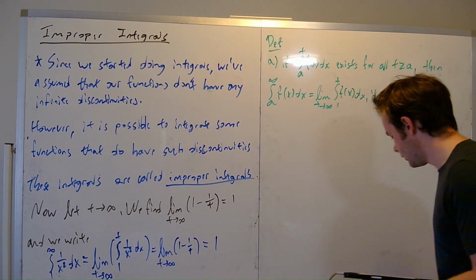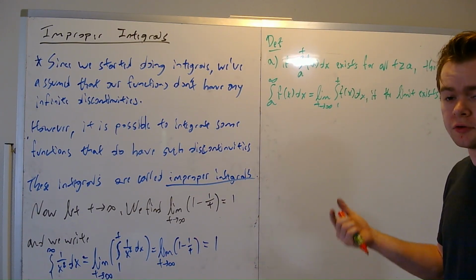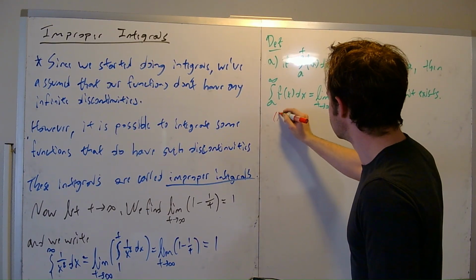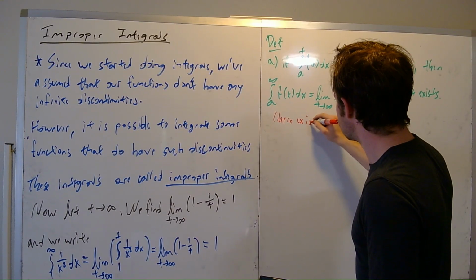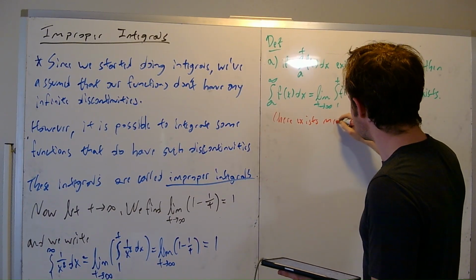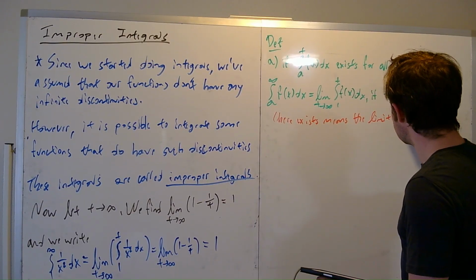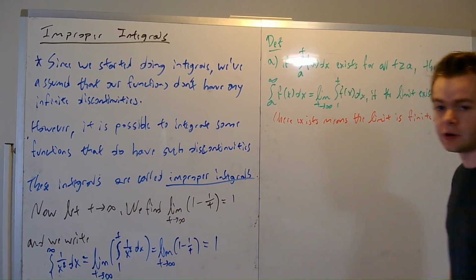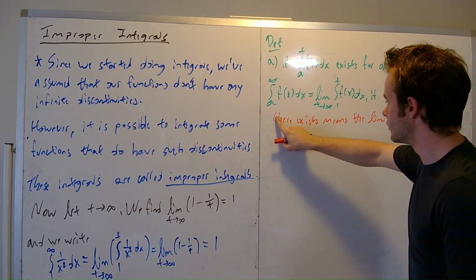And here I'll say, whenever we're doing stuff in this section, we're going to slightly alter the meaning of exists. So I'll say here, exists means the limit is finite. Right? So for everything that we're doing in this section, this is a very important thing to remember.